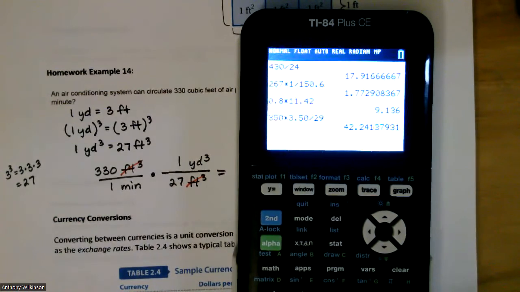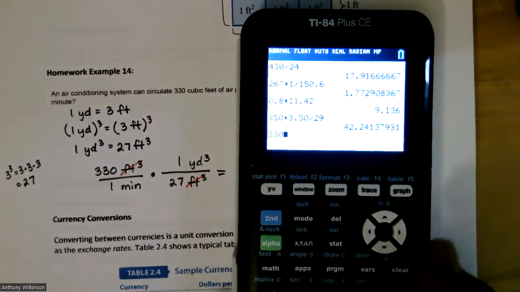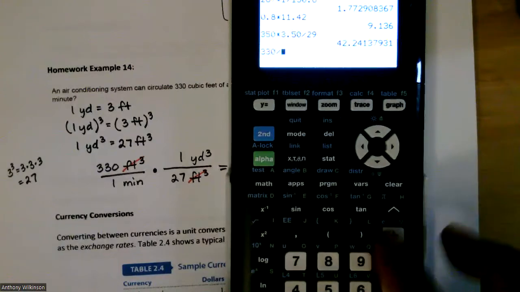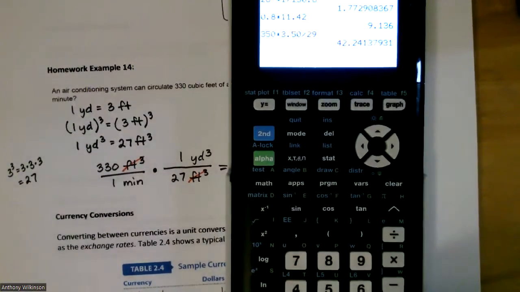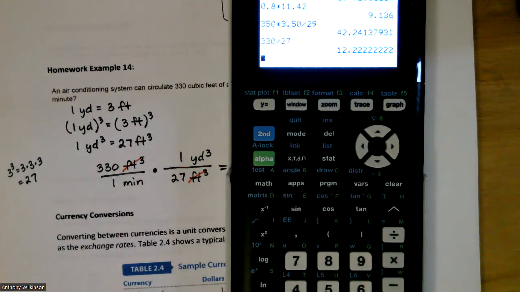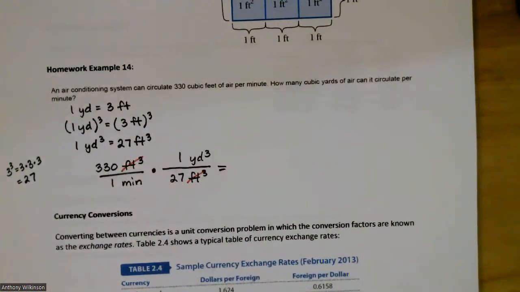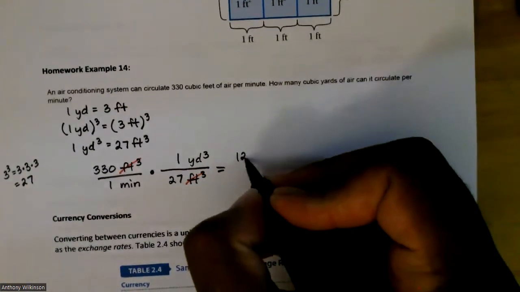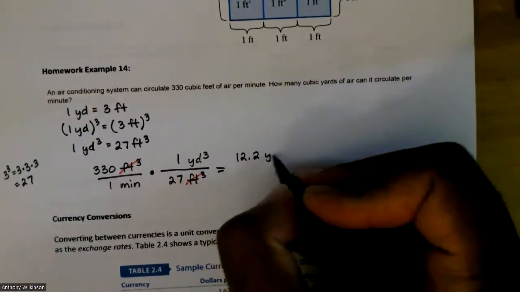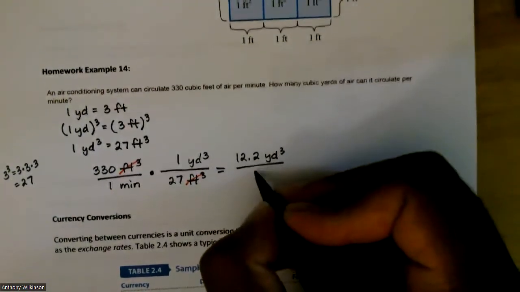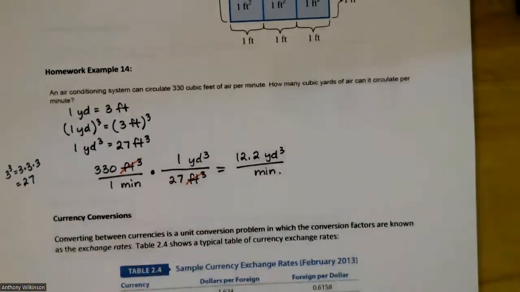So 330 divided by 27, to 1 decimal place, is 12.2. So my answer there will be 12.2 cubic yards per minute. So that's how many cubic yards of air that the air conditioning system can circulate per minute. So we're looking for a rate there.